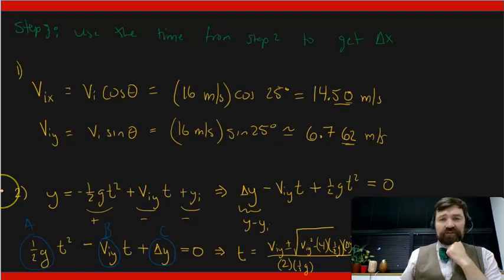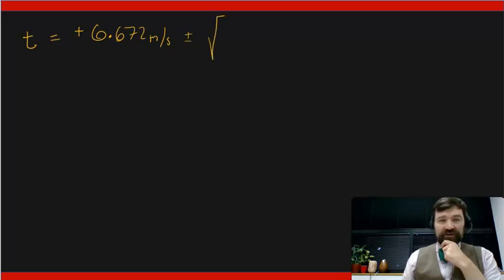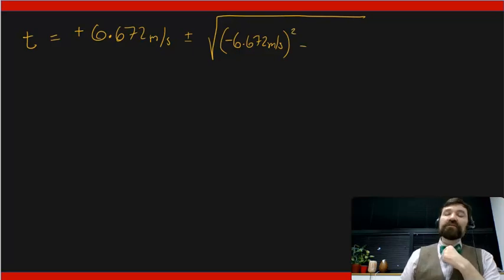So using the numbers that we had here, VIY is 6.762 meters per second. And this was a negative VIY, so this actually ends up being positive 6.762 meters per second, plus or minus the square root of negative 6.762 meters per second, which we're going to square, so that minus sign goes away, minus 4 times 1/2 g.